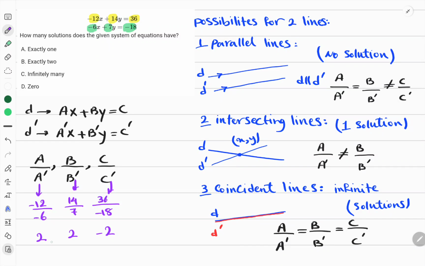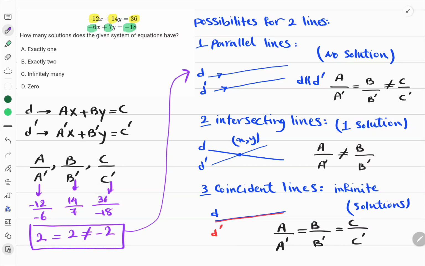So you will have 2 equals 2, which is not equal to negative 2, which is about parallel lines, where there is no solution, or zero solutions. So the answer to this question is zero solutions, which is choice D.